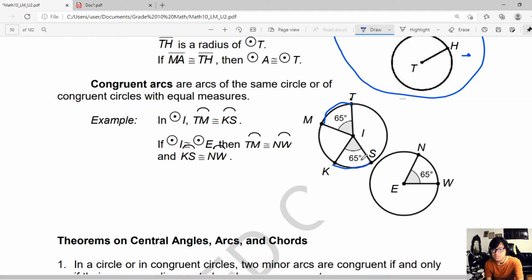So, kung congruent daw yung arc niya dito, ibig sabihin the circles are also congruent. Yun yung sinasabi sa congruent arcs. So, if circle I is congruent to circle E, then arc TM is congruent to arc NW, and arc KS is congruent to NW. So, these two circles are congruent.